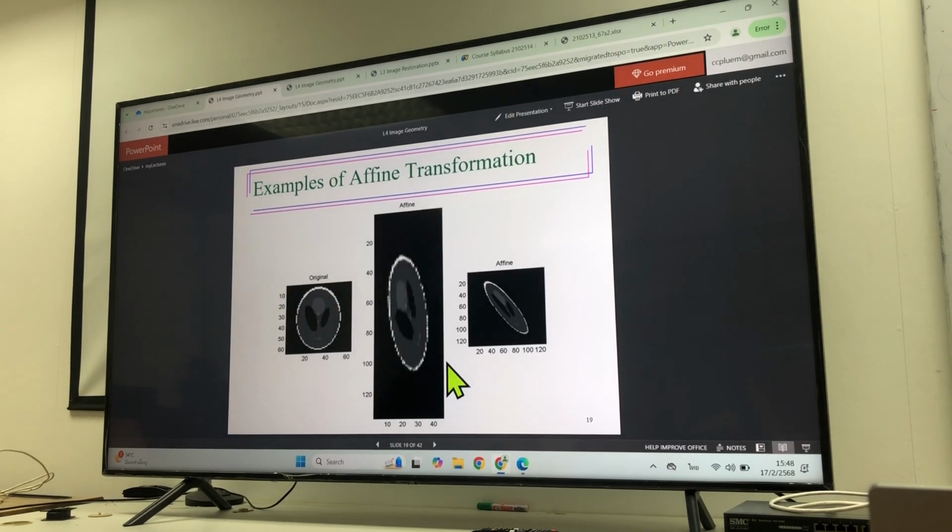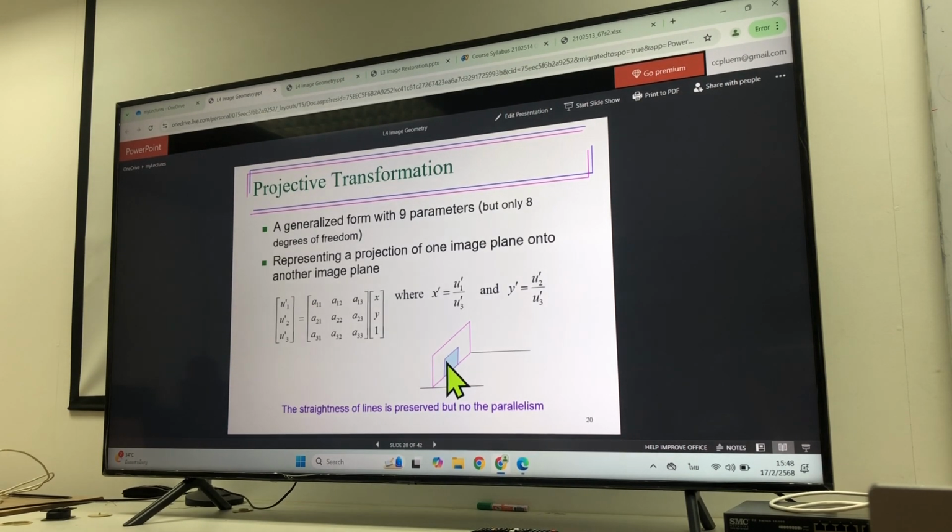Projective transformation, in general, is supposed to have 9 parameters, A11 to A33. However, we use this fact: y prime is u2 prime over u3 prime. You change from x y 1 to u1 prime, u2 prime and u3 prime.